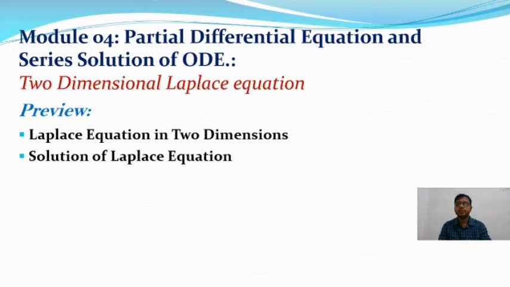The equation is of the form del 2u by del x square plus del 2u by del y square is equal to 0. This is the Laplace equation where u is a function of x, y. After that we talked about some related examples on the Laplace equation.